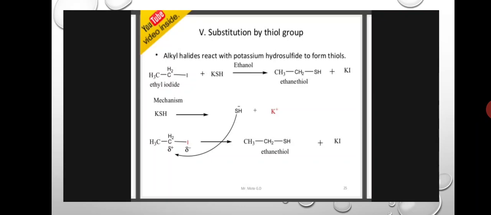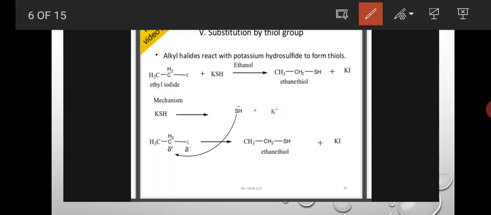Here the alkyl halide is ethyl iodide, CH3CH2I. Ethyl iodide reacts with potassium hydrosulfide, KSH, in the presence of ethanol to form ethane thiol, CH3CH2SH, plus KI, potassium iodide.